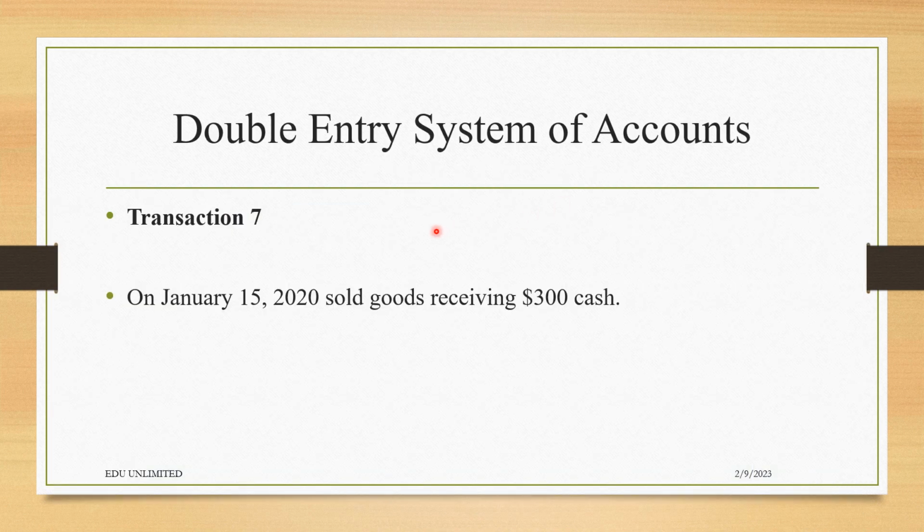Our final transaction, transaction 7 on January 15, 2020, we sold goods receiving $300 in cash, so that the two accounts concerned are sales for sold goods, and not cash at bank this time, but cash in hand.